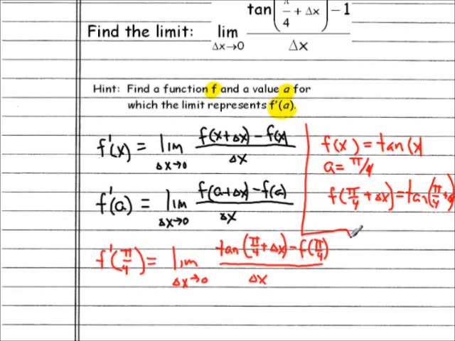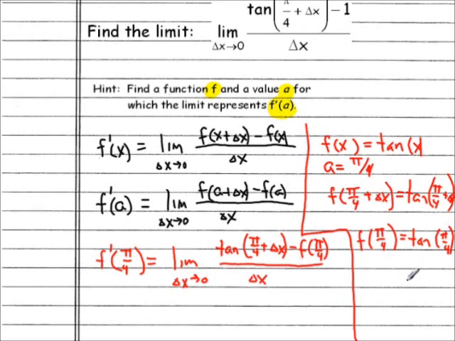Let's come over here. We see this part has appeared. That's exactly what we have here. The only question is, what about f of pi over 4? Well, f of pi over 4 is the tangent of pi over 4. After all, the function f is tangent of x.